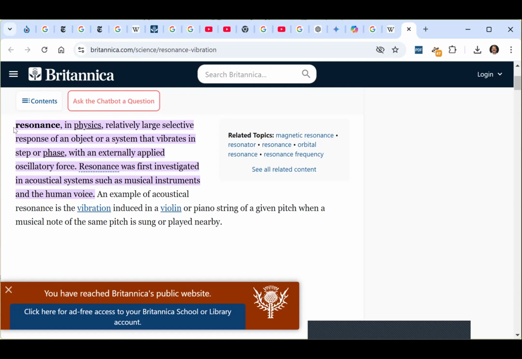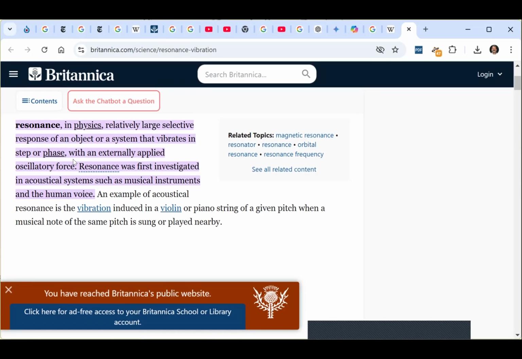These people may be dead by now, but the whole idea is what they wrote still stands. So resonance in frequency is a relatively large selective response of an object. Wow, unpack that one. Of an object or system that vibrates in step or phase with an externally applied oscillatory force.